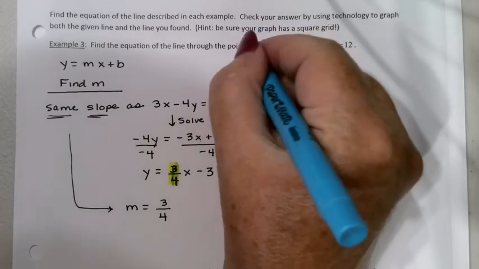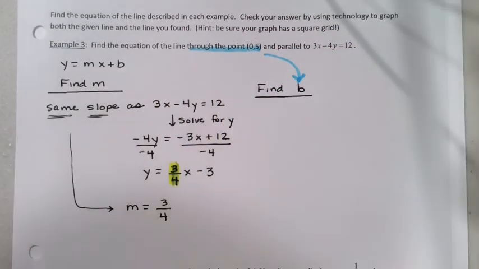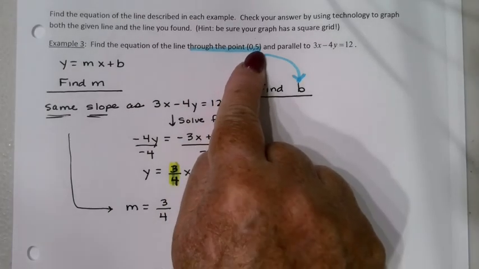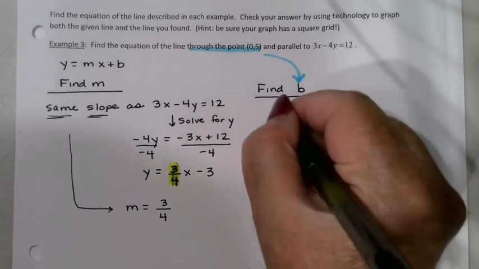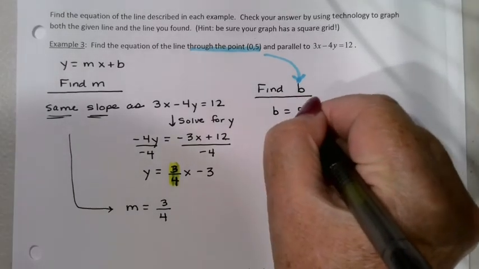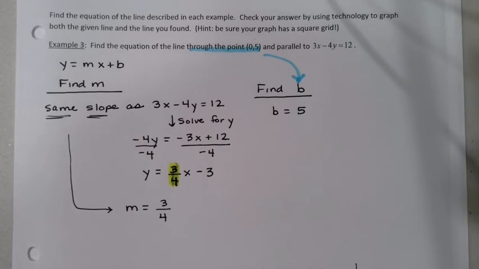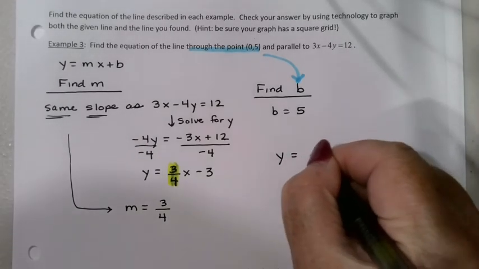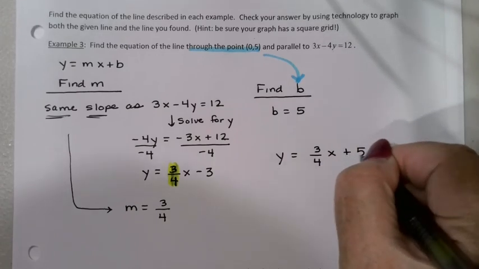They gave me the point (0, 5). When x is 0, y = 5 is the y-intercept. So b is 5. So if I put those two pieces of information together, my line is y = 3/4 x + 5.